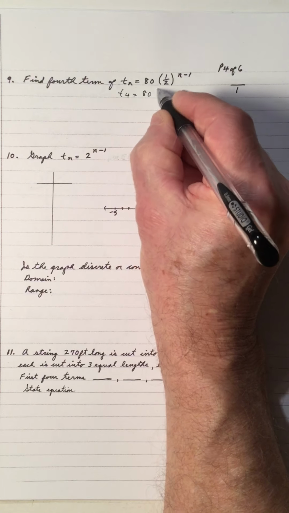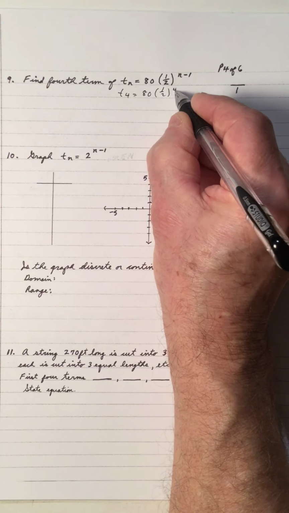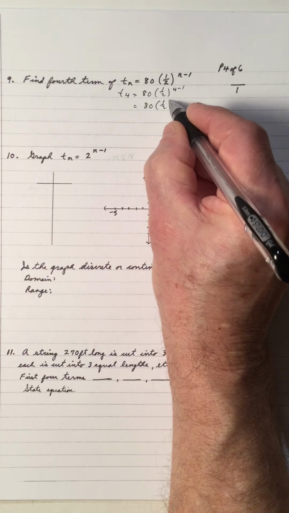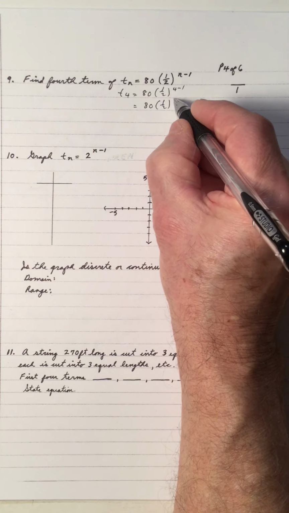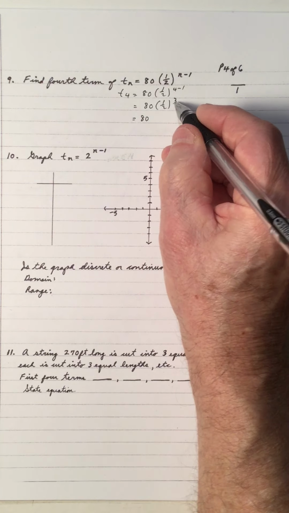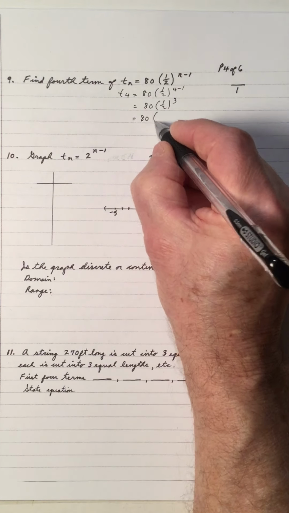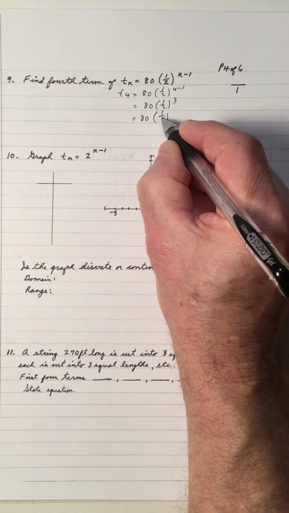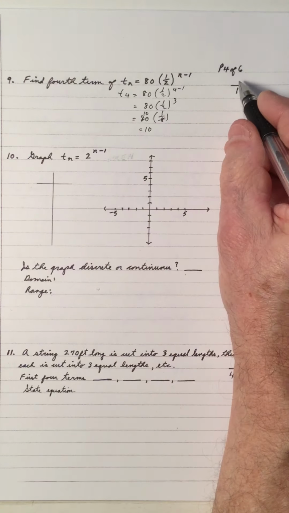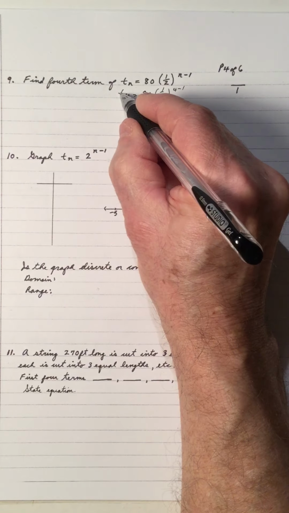So n is 4. So we'll put 4 in the place of n. 80 times, 4 minus 1 is 3. And 1/2 cubed is 1/2 times 1/2 times 1/2, which is 1/8. And 8 into 80 goes 10. So the fourth term is 10.